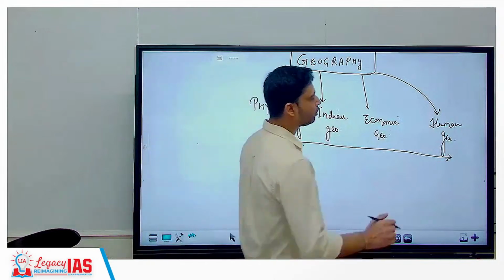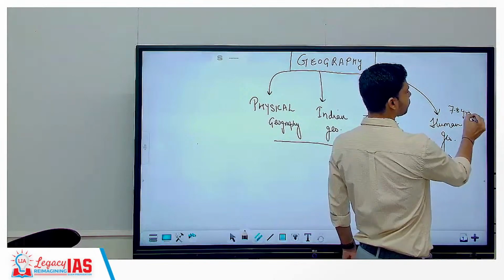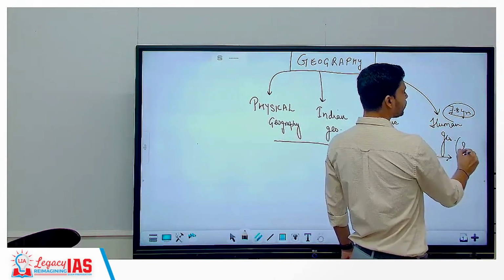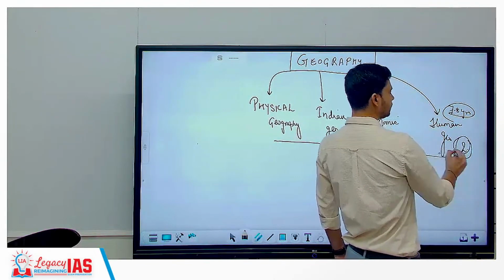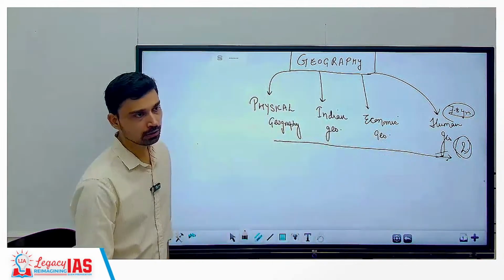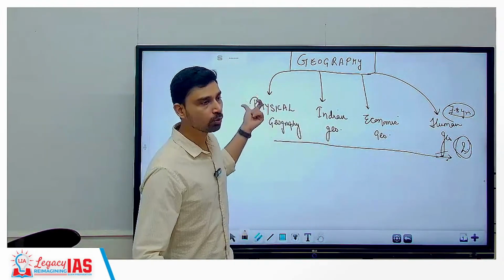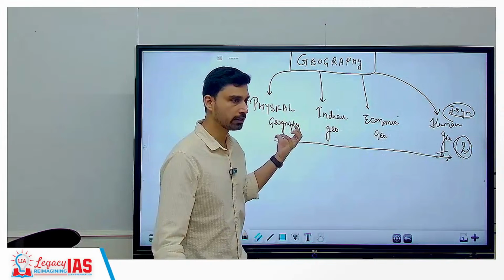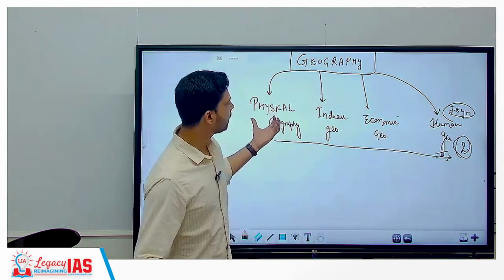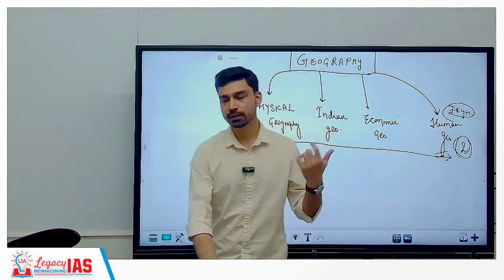Because if you look at the last 7 to 8 years of question papers, only 2 questions have been asked directly from human geography. Compared with physical geography, a total of 36 questions have been asked in the last 5 years itself. So in 5 years 36 questions, here in 7-8 years 2 questions. That is why we say it is less important.